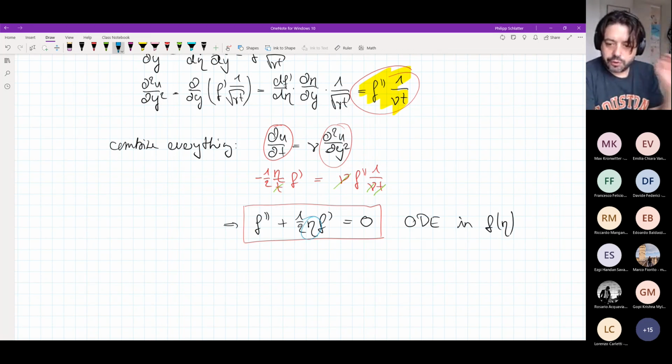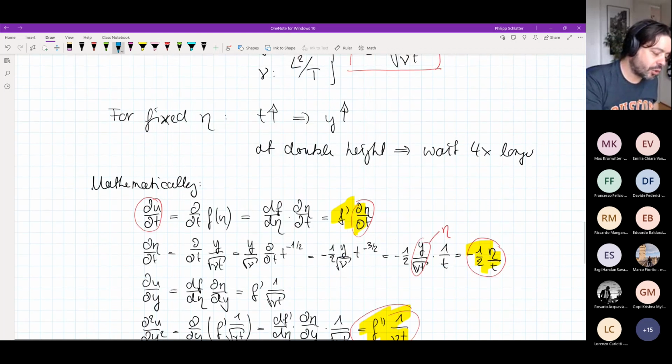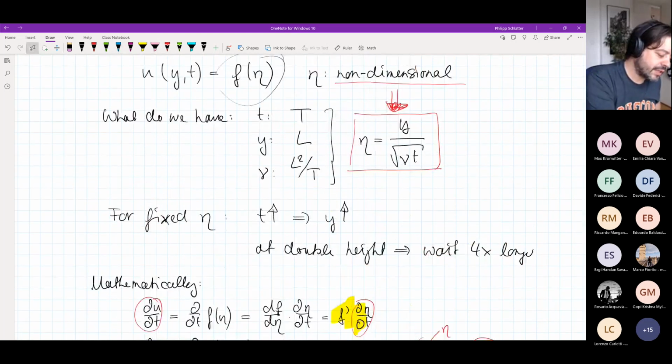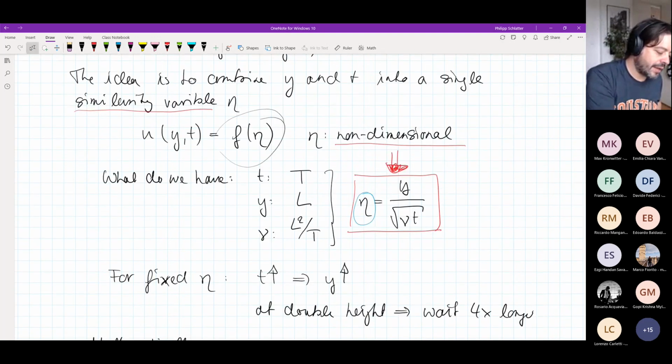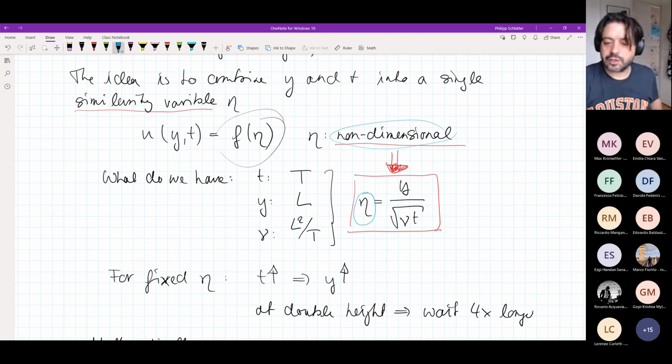There is no nu, there is no t or no y left. And of course, you can now think that this is magic, that all of these disappeared. It's actually not magic. It comes from the choice of how this eta was actually defined. And the definition of eta was such that we required that this was non-dimensional.